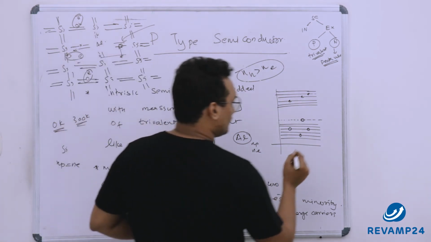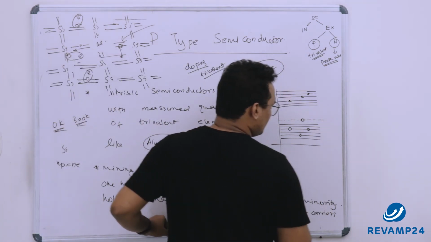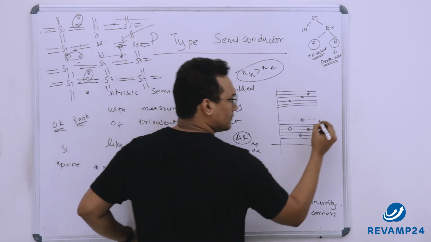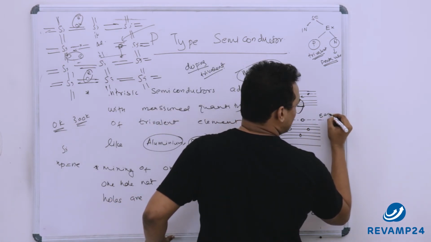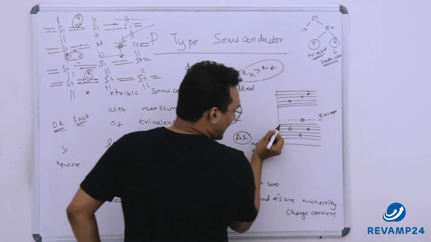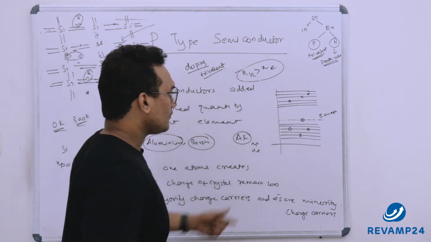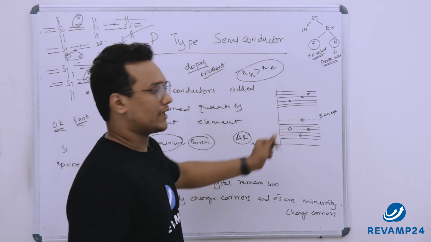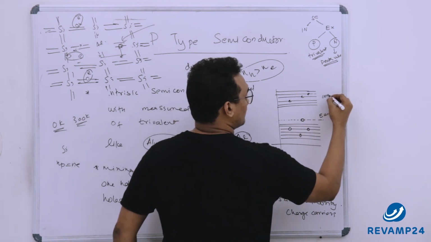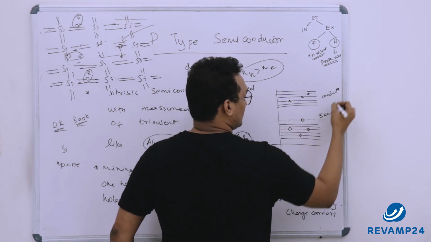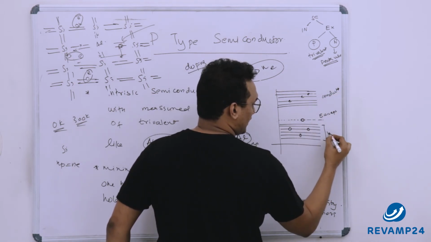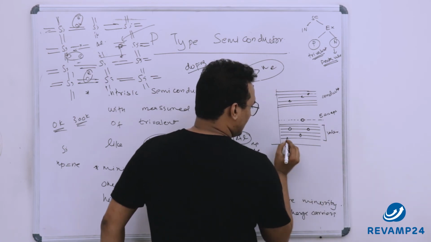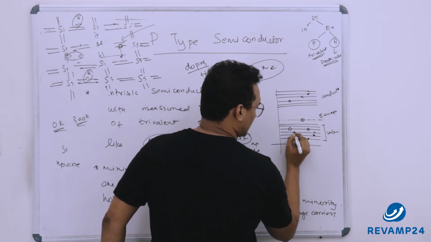Okay, now see, the energy of acceptors would be slightly greater than the valence band. Okay, this is the conduction band, and this one is the valence band, and in the valence band we have a lot of other electrons.